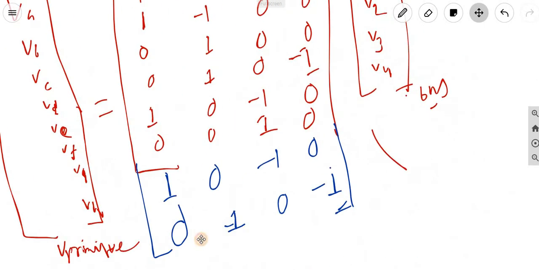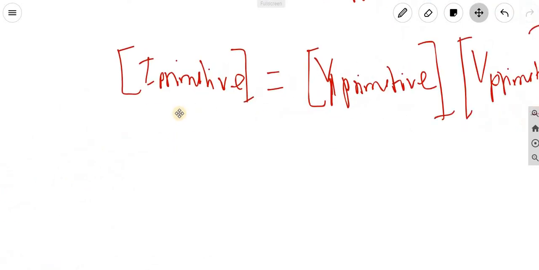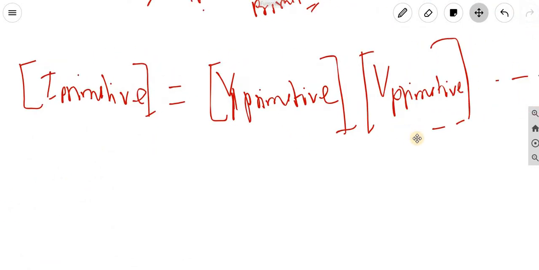Now suppose in the first equation what we got, the I primitive, Y primitive and E primitive.